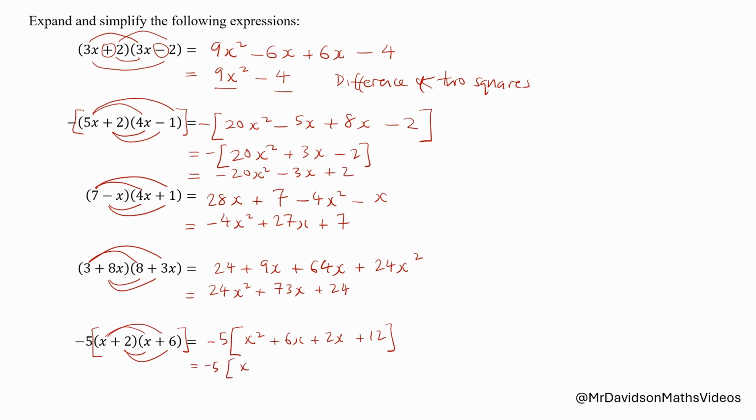Simplifying, x squared plus 8x plus 12. And then multiplying the whole thing by minus 5. Minus 5x squared, a negative quadratic, minus 5 times 8x is minus 40x, and then minus 5 times 12 is minus 60. And that's our final answer.